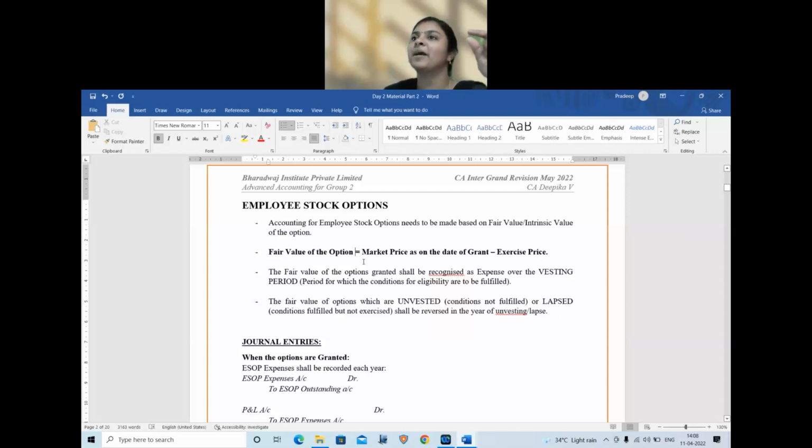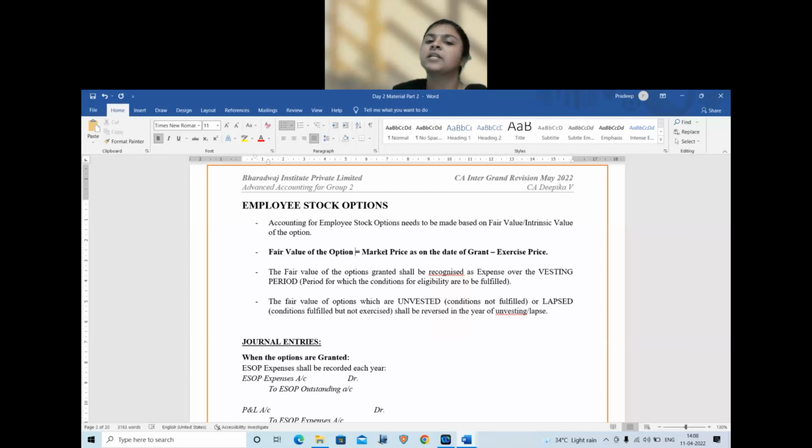If the employee wants to purchase the company share from the outside market, he has to go by the market price. However, the company is offering at a lower price. So that differential is the benefit passed on to the employee, which is a cost to the company. That cost is recognized as the fair value or intrinsic value of the option.